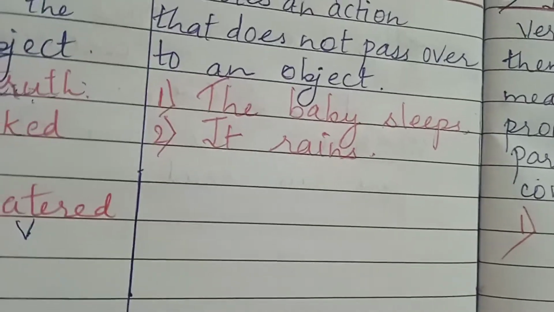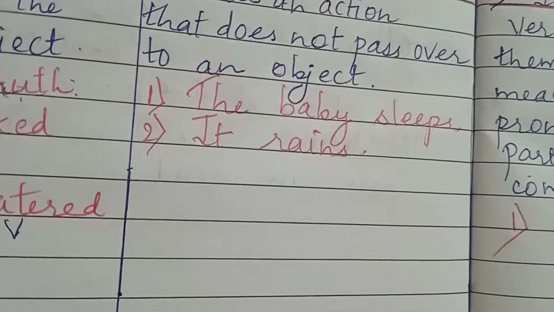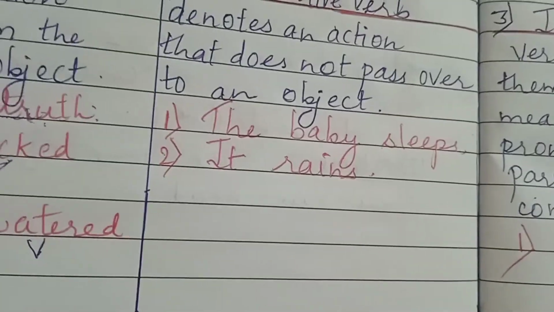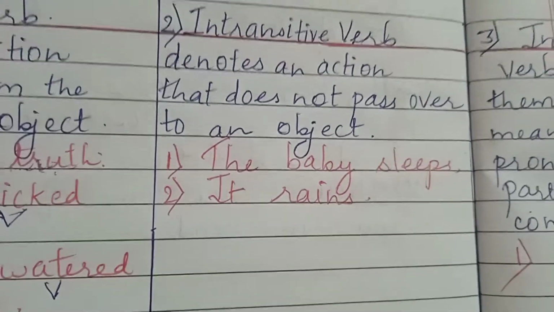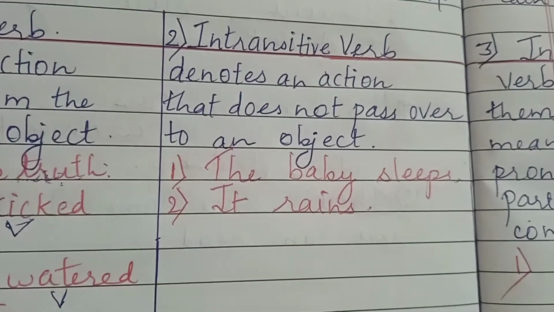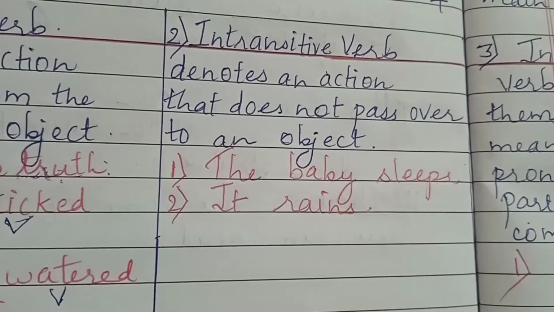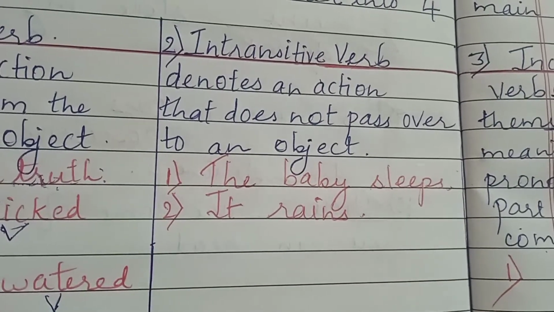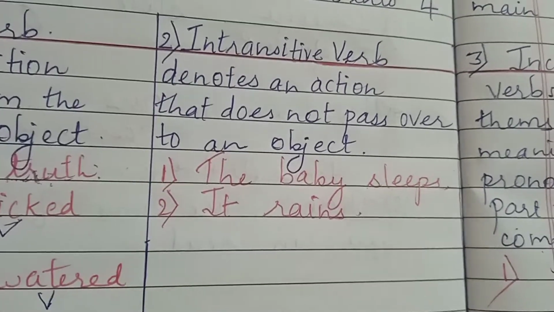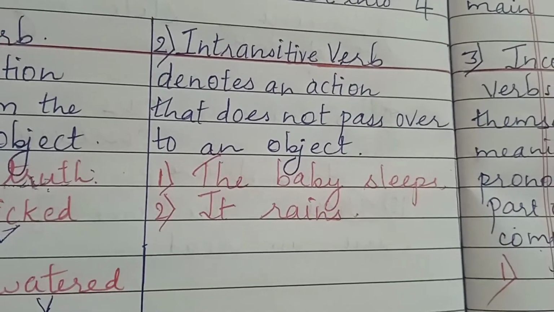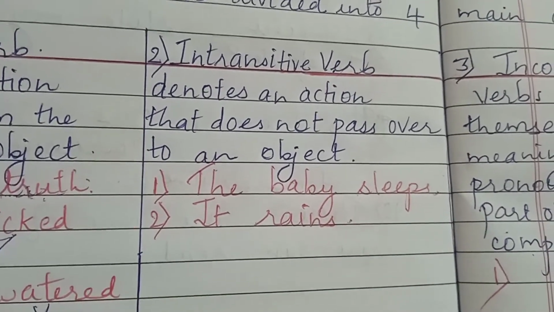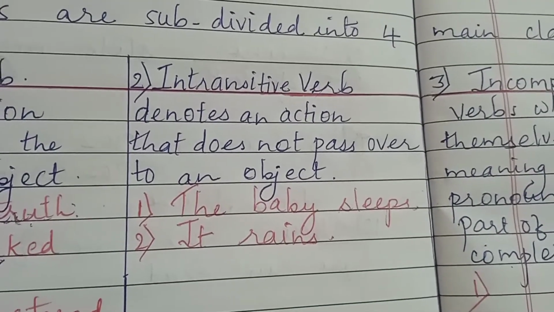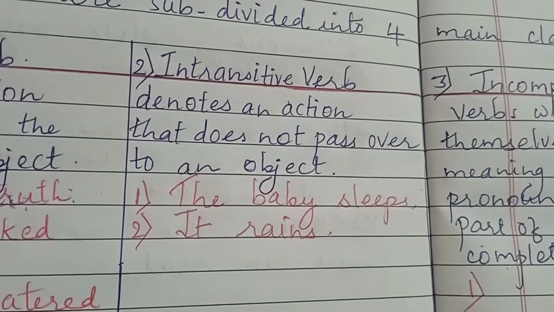It rains. From this sentence also we understand that it does not require an object. It is clear from this that it rains. It rains during monsoon season, if we say. Then it is clear from this that it does not require an object to complete its meaning.